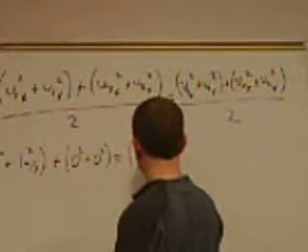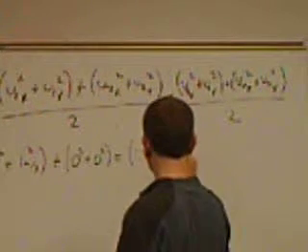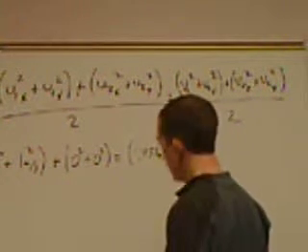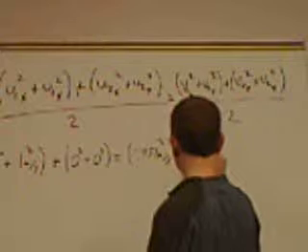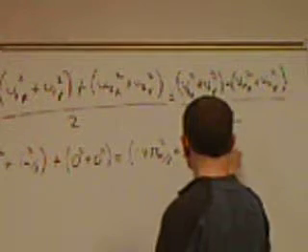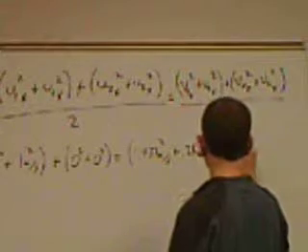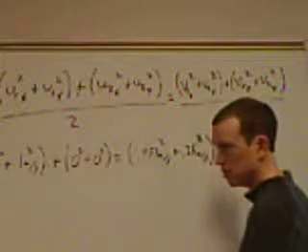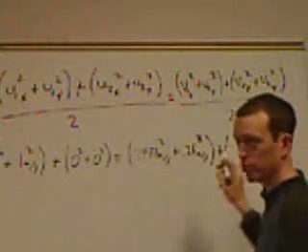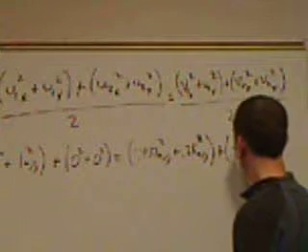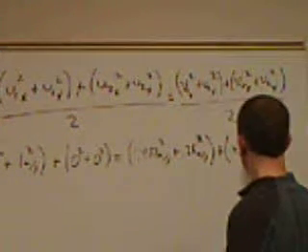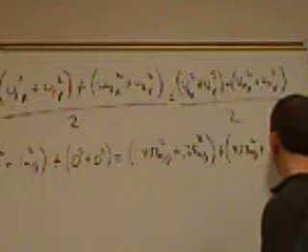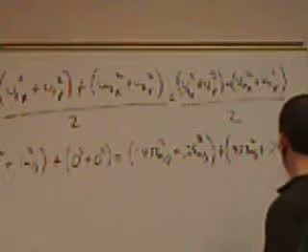Yeah, so it's negative 0.433 meters per second squared plus v1 sub y, which was 0.25 meters per second squared, plus v2 sub x, which is, anyone? 0.433 meters per second squared plus v2 sub y, which is 0.75 meters per second squared.